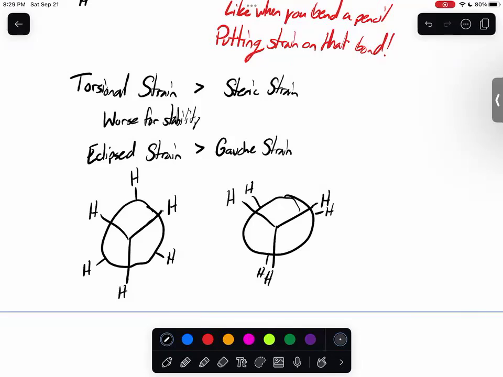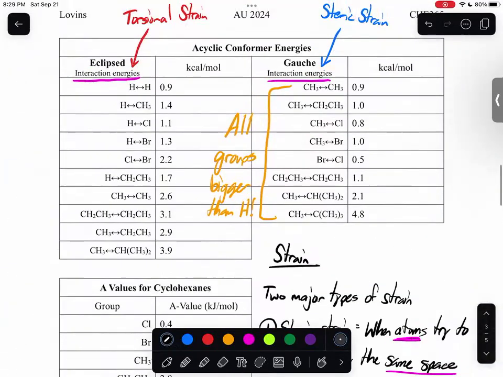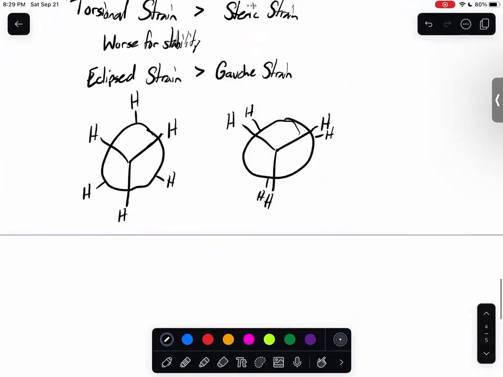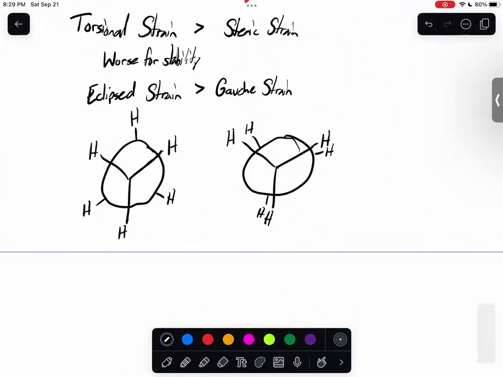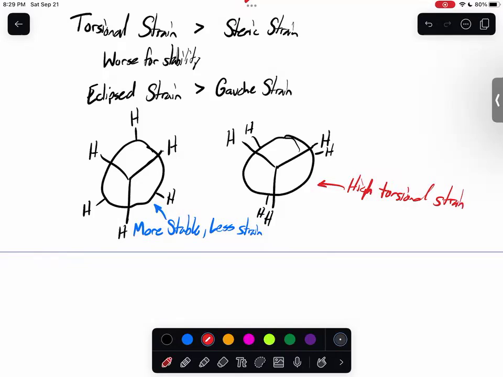That's another thing to keep in mind because look up here, you'll see that hydrogen appears quite a bit in our eclipsing strain energies table, whereas it didn't in our gauche table. So we would say this structure on the left is more stable because it has less strain than the structure on the right, which has high torsional strain and is therefore unstable.